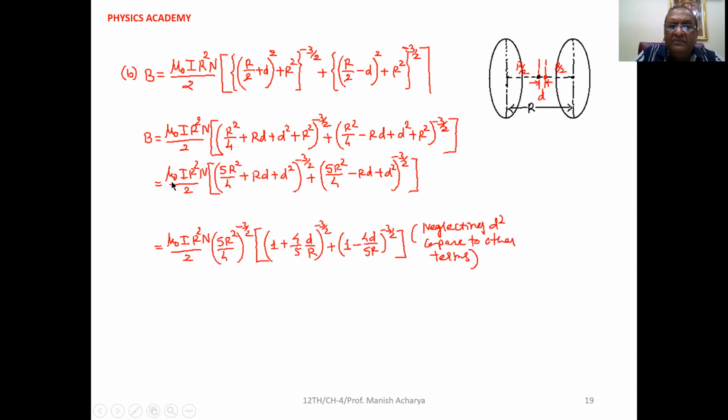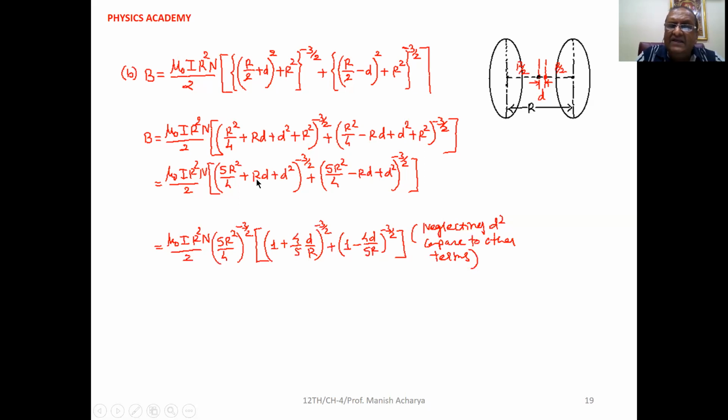Now μ0 I R² n upon r, that is as it is. Now from these two terms, suppose we take 5R²/4 common. Now if we take 5R²/4 common, then in place of 5R²/4 you can write 1.